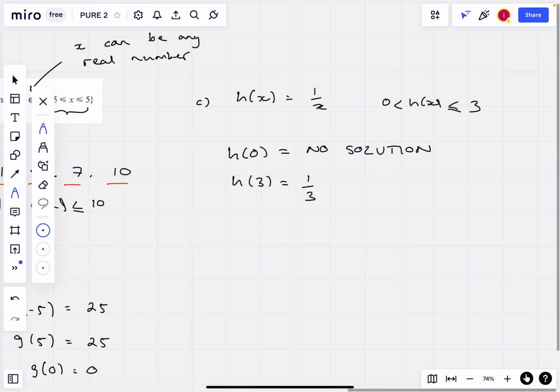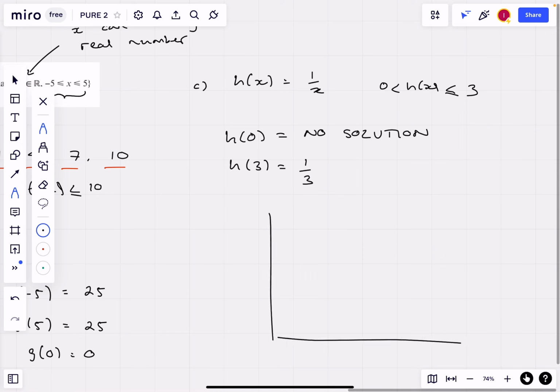So when we draw our function, we have one coordinate, a third, 3. Since it's a 1 over x graph, it's going to look something like this, where my y-axis is the asymptote. Now, the range of values that y can take is any number above 1/3 and equal to.